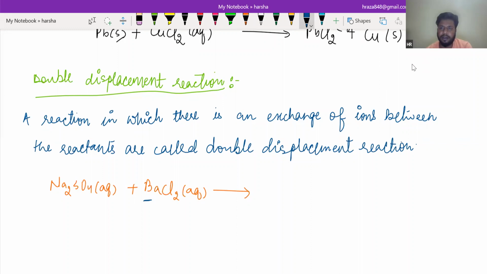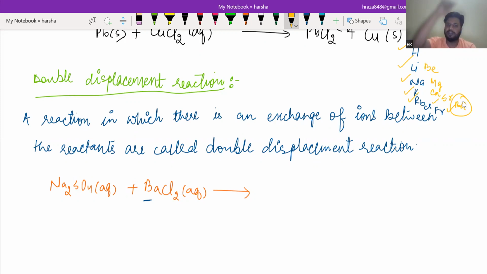The first group is hydrogen, lithium, sodium, potassium, rubidium, cesium, and francium. The second group starts with beryllium, magnesium, calcium, strontium, and then barium.